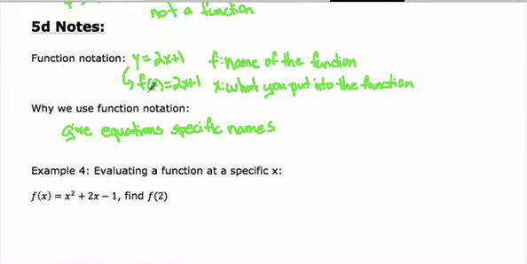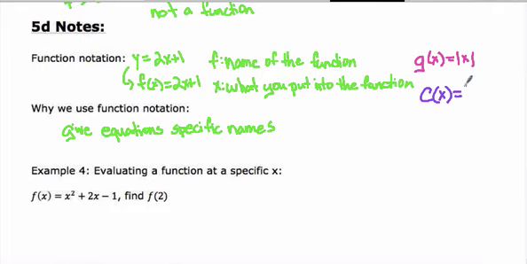So what I mean is f of x you see pretty commonly, but if I have two equations, let's say I also have another equation that I'm working with, and I could call that equation g of x, and it could be whatever. Or you could have the equation c of x. And a lot of times this letter here will represent something like cost.